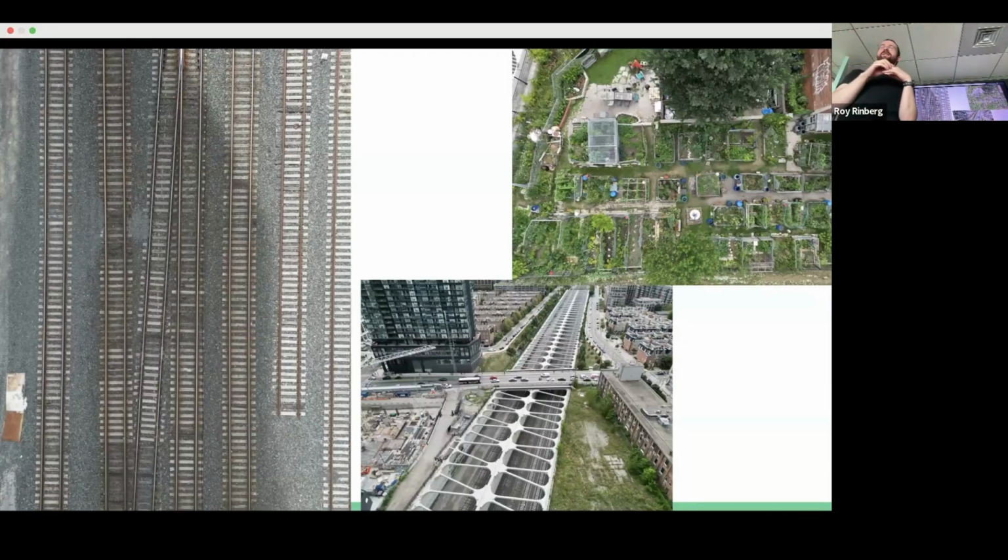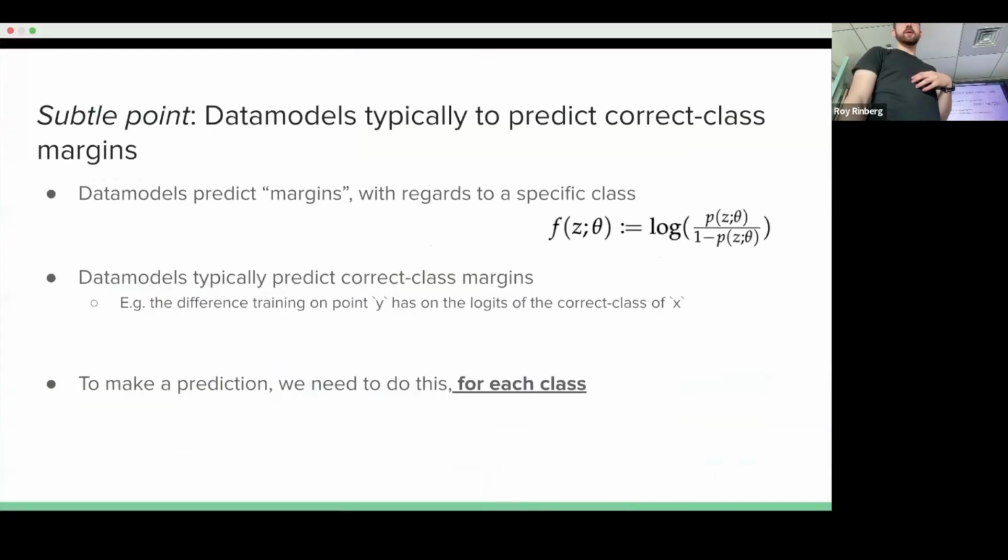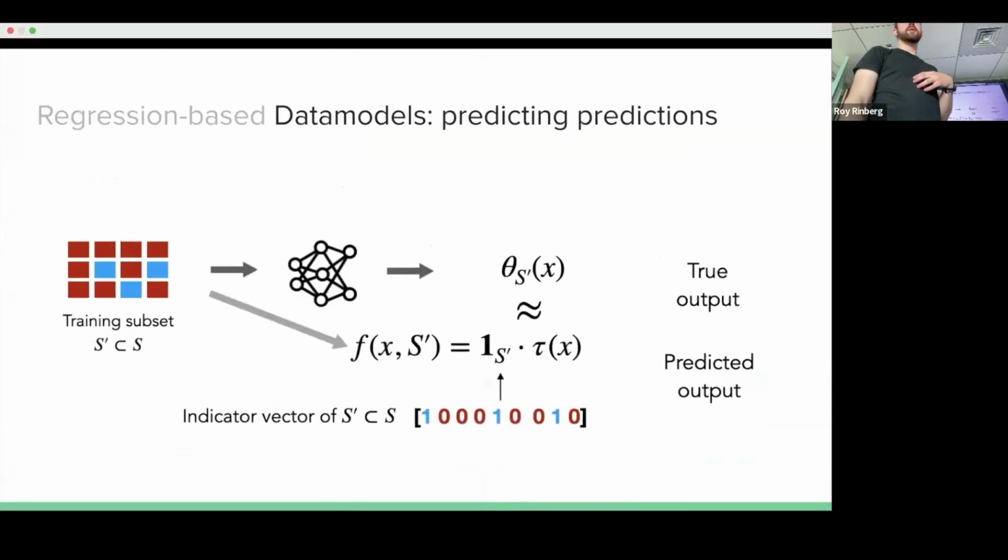Maybe, what is the data model that you're using? For each class, you need to store the whole language model? Because I saw that you were doing SGD on theta, the language model itself.